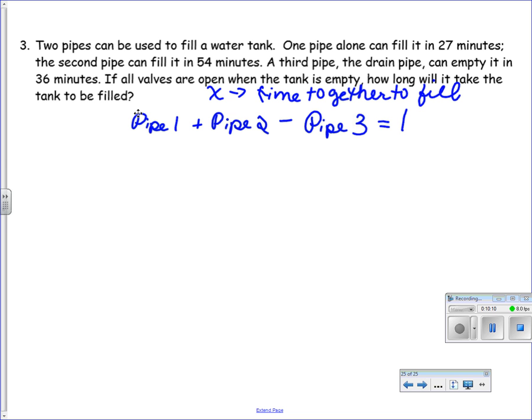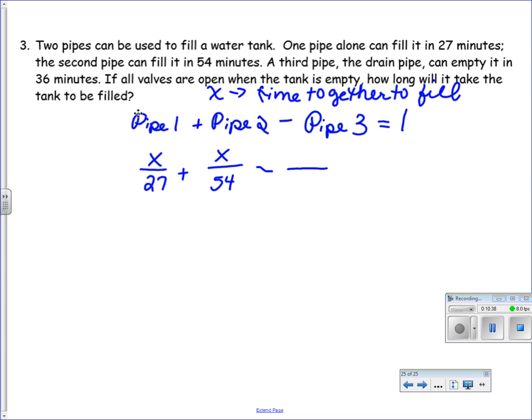All right. So this time, unlike the last example where the numbers were in the numerator, that's not going to happen. It's going to be more like our first problem. So the first pipe, I don't know the time together, but I do know the time alone. So that's 27. Then we're going to have x again over 54.